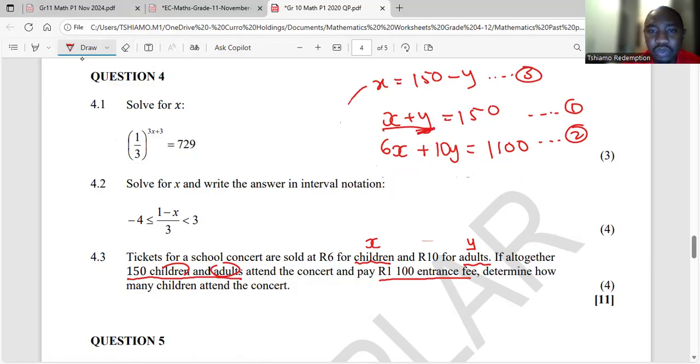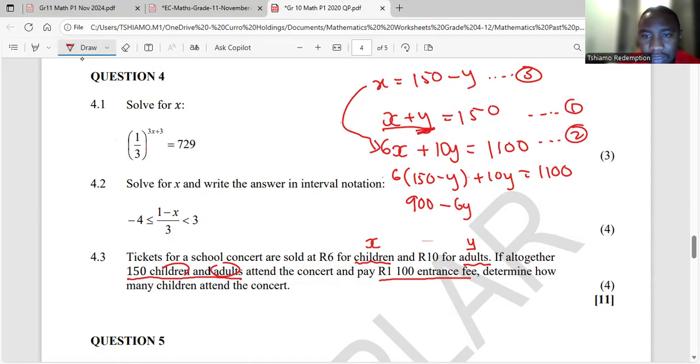And then you're gonna substitute this in the place of equation 2. Wherever I see x, I'm gonna put 150 minus y. So 6 times 150 minus y plus 10y equals to 1,100 like that. Then multiply all this, 6 times 150 is 900 minus 6y plus 10y equals to 1,100.